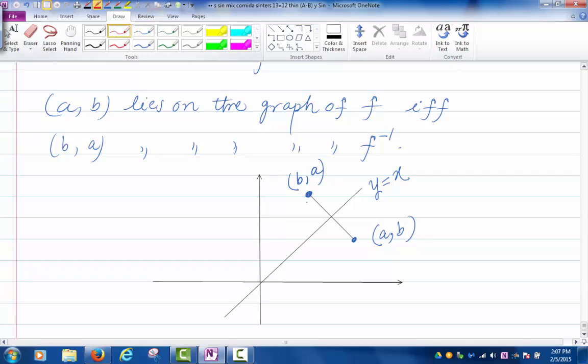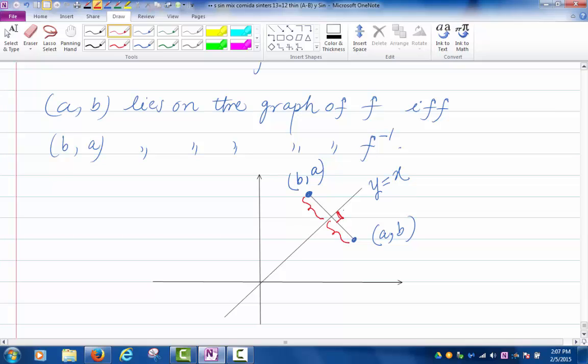In other words, this distance here and this distance here are the same, and this is a 90-degree angle here. So what I'm trying to say is that if I know the position of AB, the position of BA is determined by this.